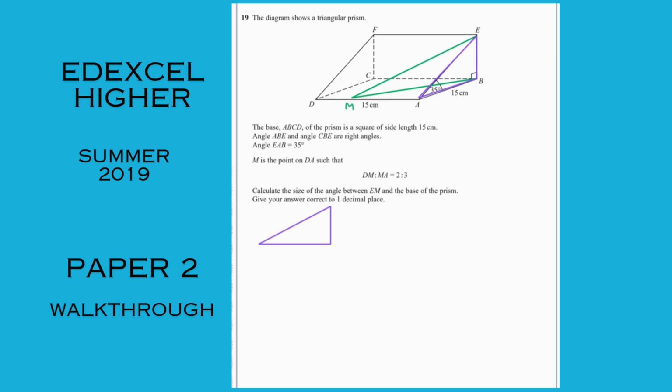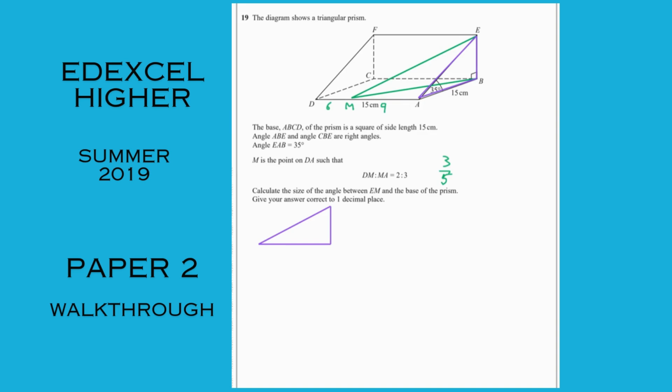In other words, M to A is 3/5 of the 15. I'll make it 9 then. So M to A is 9. Yeah, that's worth 6, but we don't need that. It's M to A that will come into play later.